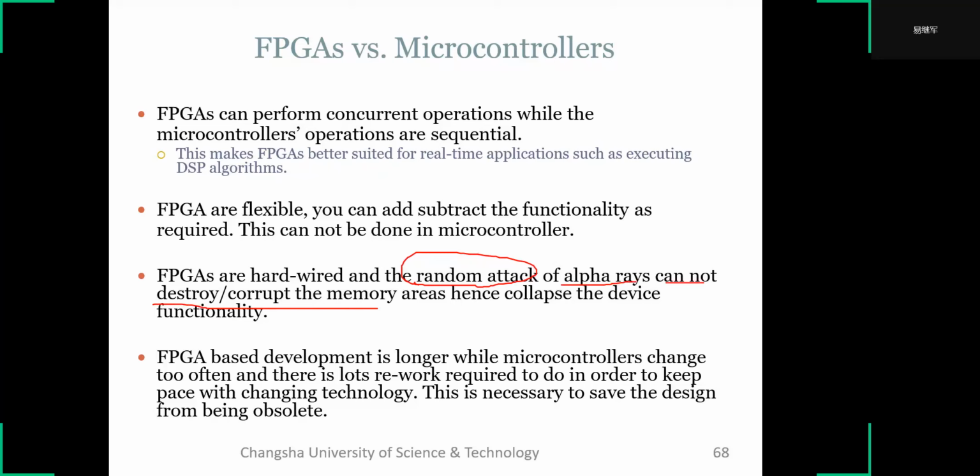FPGA-based development is longer, while microcontrollers change too often, and here there is no rework required in order to keep pace with changing technology.